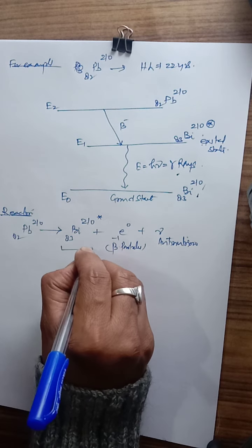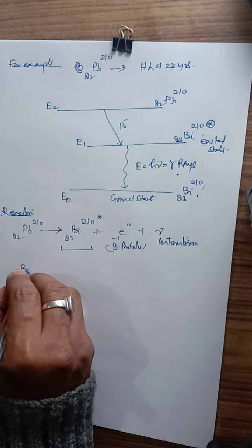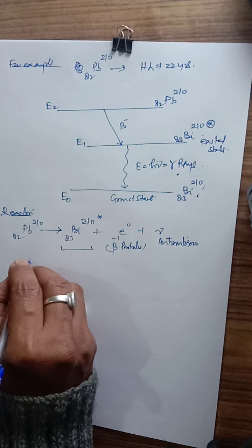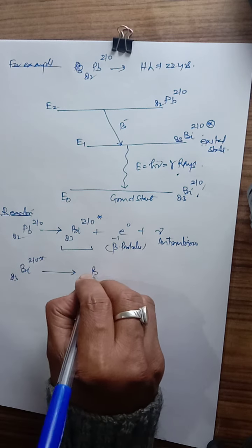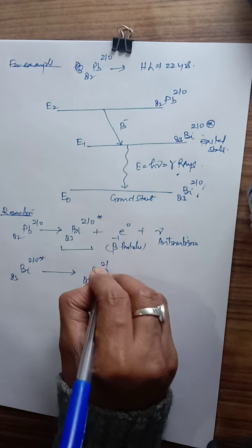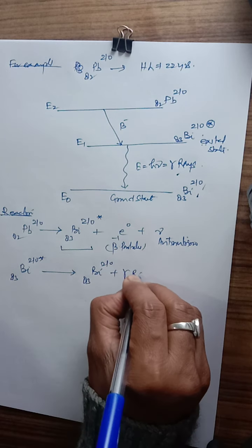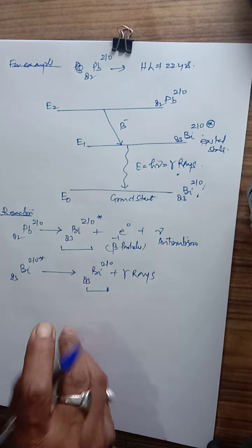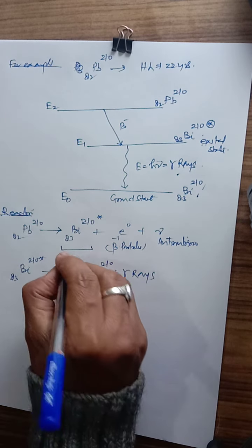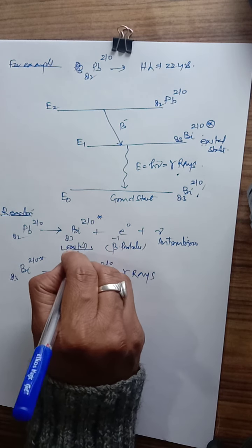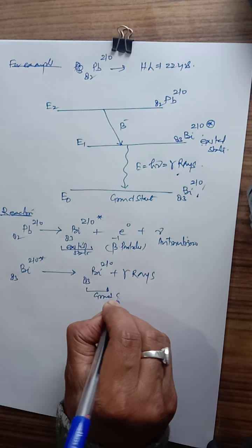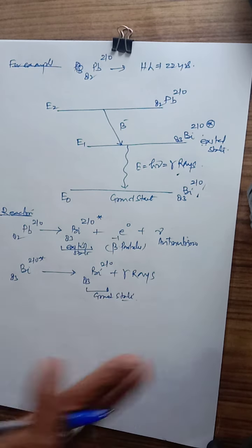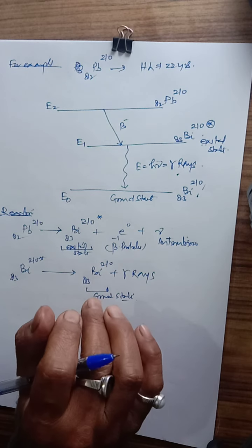Now this further goes down with the gamma rays, and it becomes stable with the gamma rays. Now it is stable. This is not excited. This is the excited state. This is the ground state. It means it is stabilized.